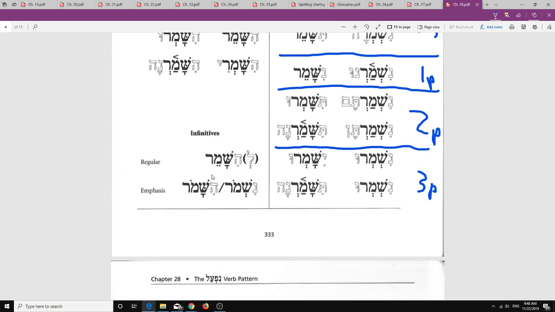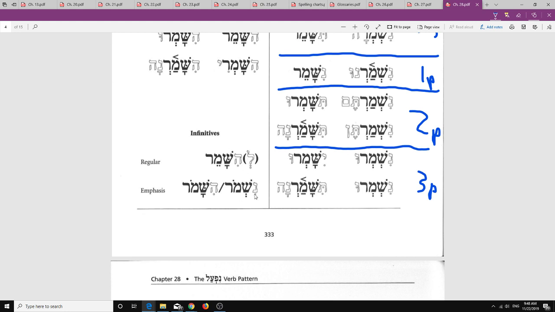Okay, and then our infinitive construct. Here we have lehishamer. Again, same sort of things. We have three distinct vowels. We have the dagesh in our first root letter. Lets us know that this is a niphal. So this is to be guarded.